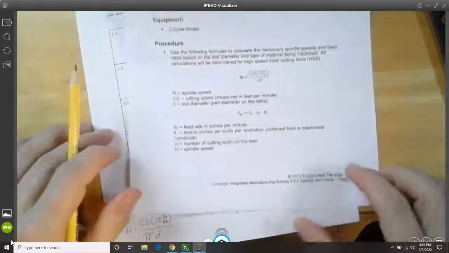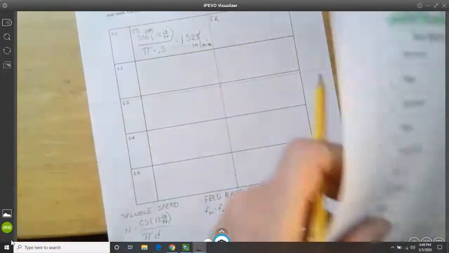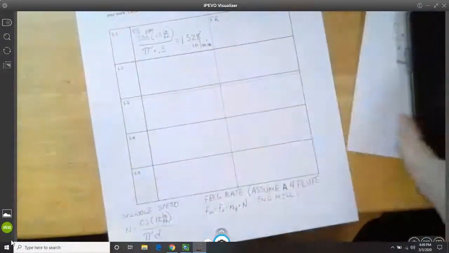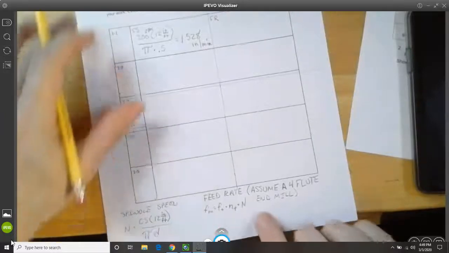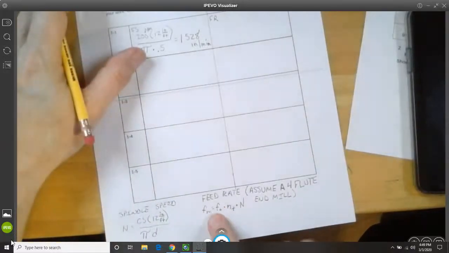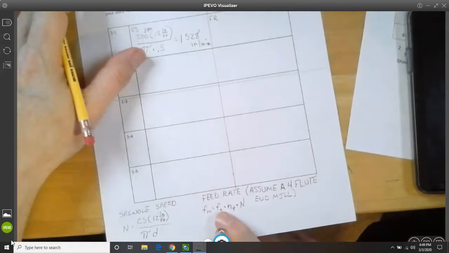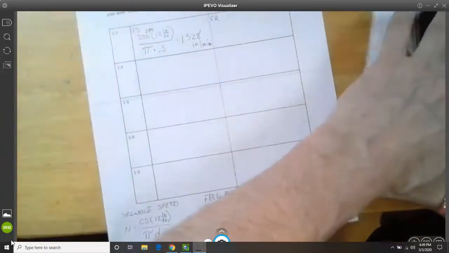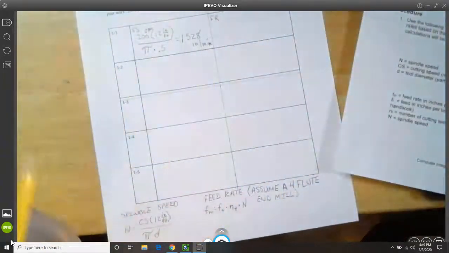So that's the 1528 that we just calculated. So here we go, feed rate, and this is the formula: feed per tooth times number of teeth times speed equals FT, which again is the feed rate in inches per minute.